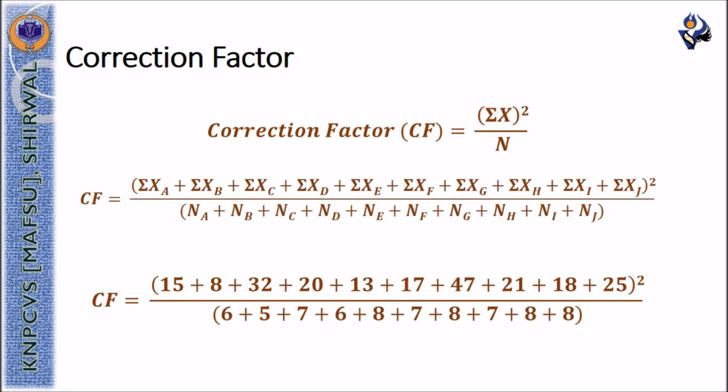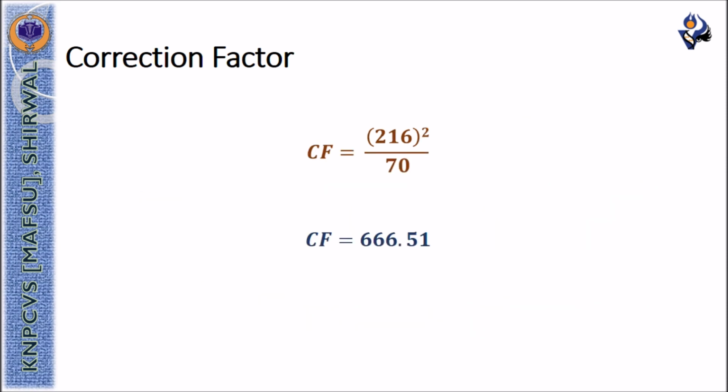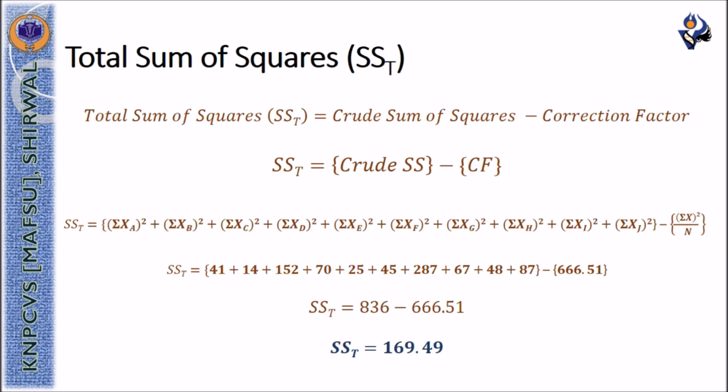The correction factor can be calculated with the formula grand total square divided by total number of observations. In this example, the correction factor comes to 666.51.